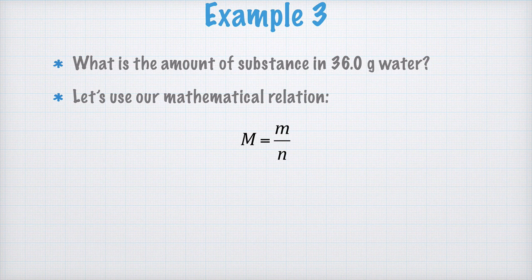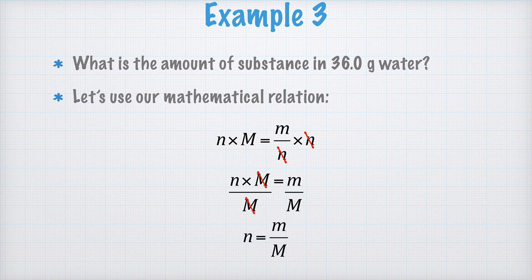We can get that if we first multiply by n on both sides of the equal sign, like this. Now we can lose n on the right side and we instead get this expression. But n is still not by itself. We can, however, fix that by dividing by the molar mass M on both sides, like this. Now we can get rid of M on the left-hand side and we arrive at n equals m over M.